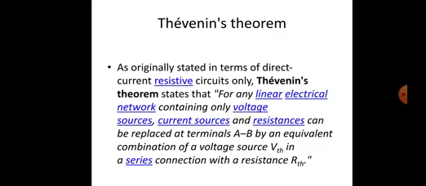According to Thevenin's theorem, any linear bilateral network, irrespective of its complexities, can be reduced into a Thevenin's equivalent circuit, having the Thevenin's open circuit voltage VTH in series with the Thevenin's equivalent resistance RTH along with load resistor RL.